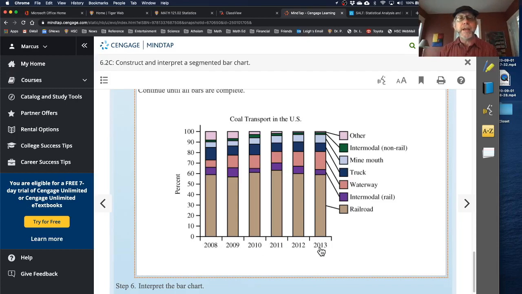So year here is the category that we're making the comparisons across, and we can compare the fraction that were transported by railroad, intermodal, and so on across those years. And so you can see some relationships here across all those years. Rail is still the primary source, although you do see some fluctuation in that percentage across the years. And another interesting feature is this other category seems to just disappear as we progress from 2008 to 2013.